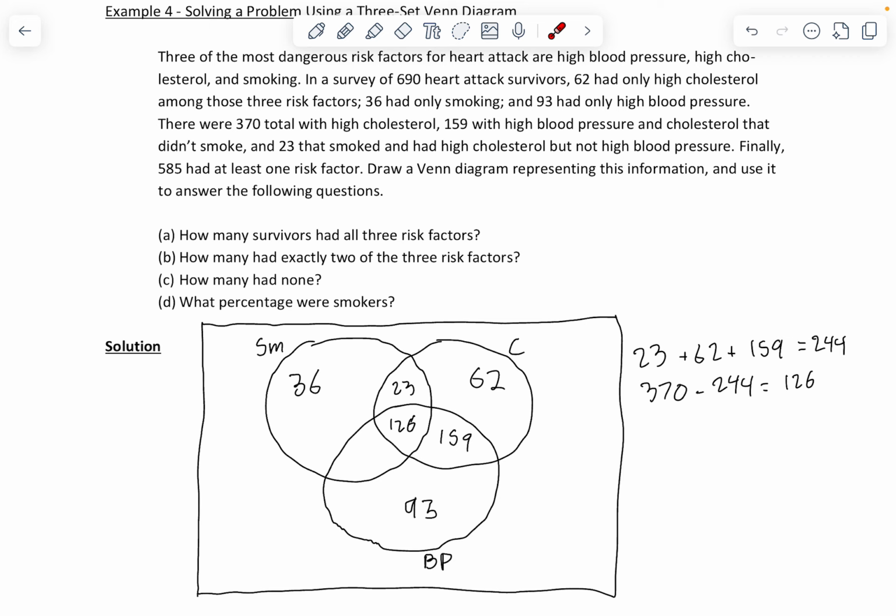So I could add up the known numbers: 36 plus 23 plus 62 plus 126 plus 159 plus 93. Let's see what that equals. It's 499.